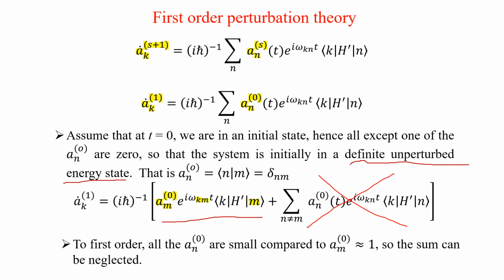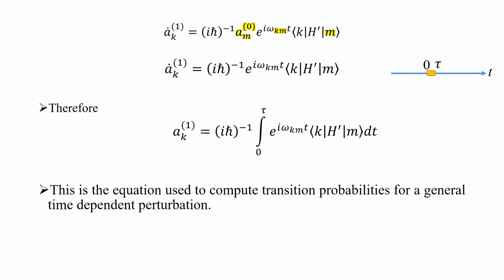So we will have only this initial value. Finally, we got this expression ak dot 1 is equal to I h cross am 0 e power I omega kmt, and this k h prime m. And also we have assumed am of 0 is equal to 1.